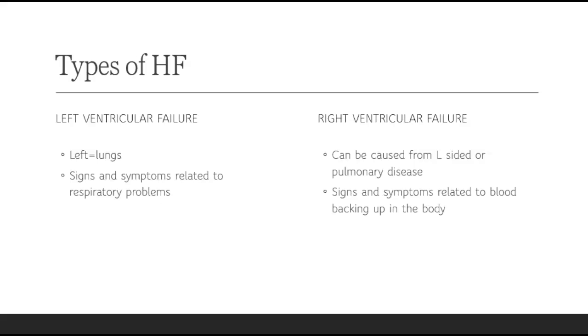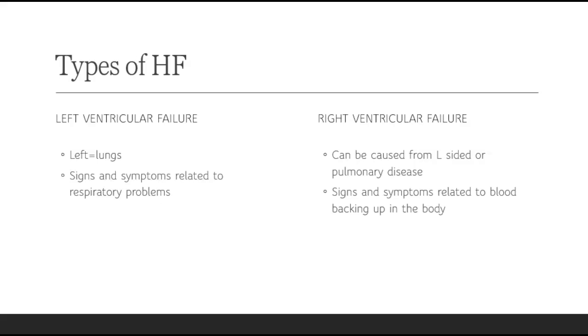It's important to remember the flow of blood through the heart. So deoxygenated blood comes in through the inferior and superior vena cava, goes into the right atrium, then down to the right ventricle, goes to the lungs, that blood gets oxygenated, comes back to the heart, into the left atrium, and then to the left ventricle, and then it gets pushed out.